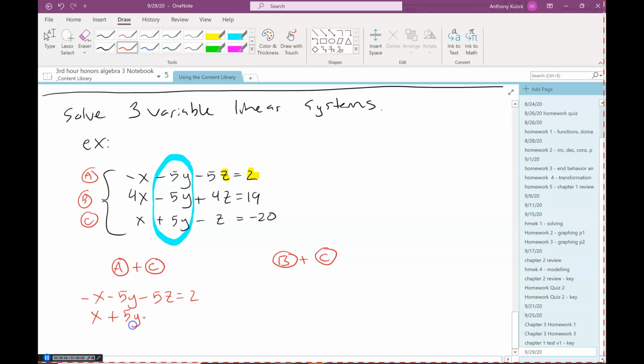I have equation B, and then I have equation C, which is that.